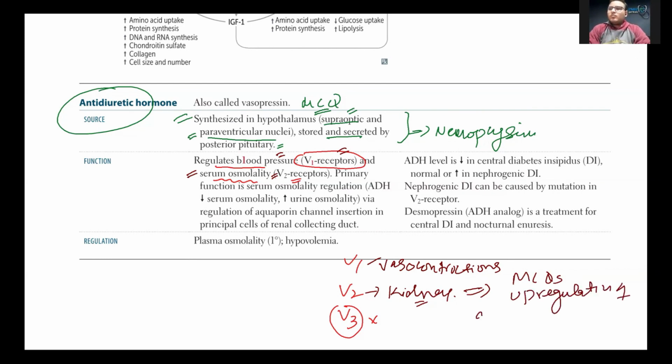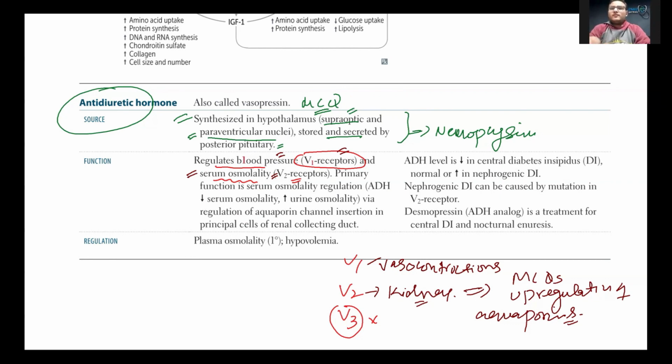What are these channels? They are present in the collecting ducts. When these aquaporin channels are inserted into the collecting duct cells, specifically the principal cells, into the membrane, they capture water from the ducts, causing reabsorption of water. That is very important.